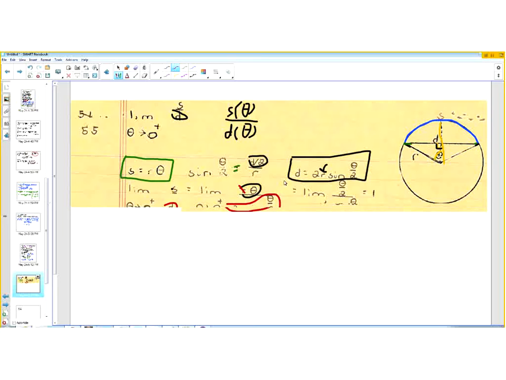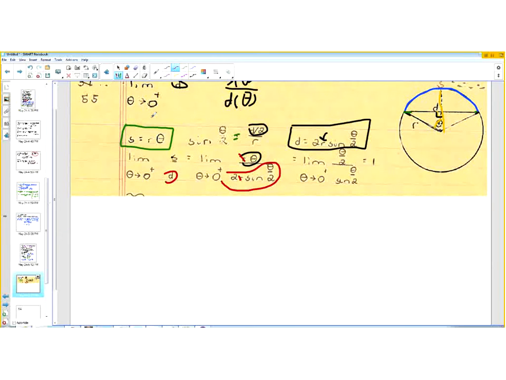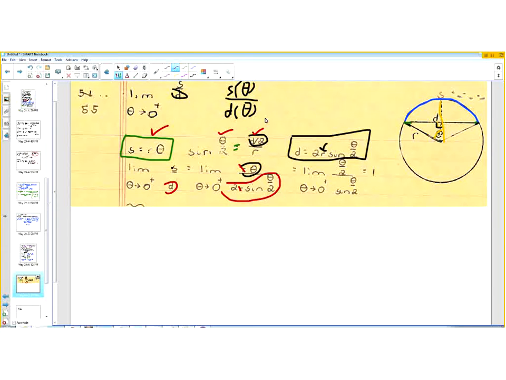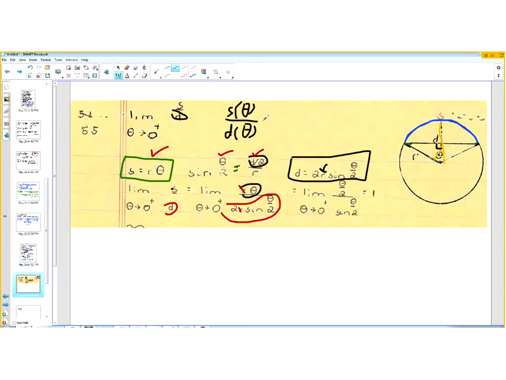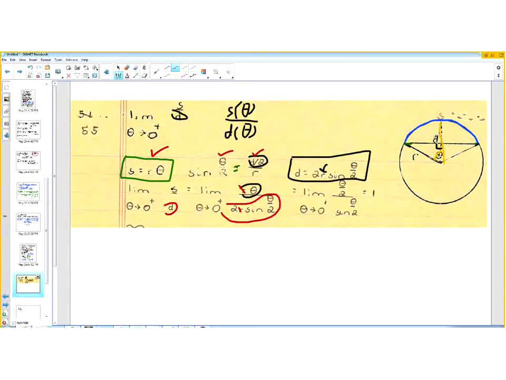So, interesting problem. I guess what you would probably have issues with would be these two formulae, especially trying to get D as a function of theta. I'd like you to be aware of these kinds of techniques for looking at a geometric figure and defining variables in terms of properties of the geometric figure.